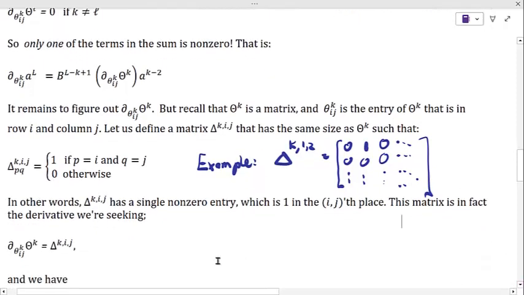So this matrix is in fact the derivative that we're seeking. Because theta K is a matrix, the ijth entry is theta ijk. So only one entry of theta K depends on theta ijk, which is the ijth entry, and the derivative is 1. So in fact, the derivative of theta K with respect to theta ijk is equal to this matrix with a single non-zero entry.